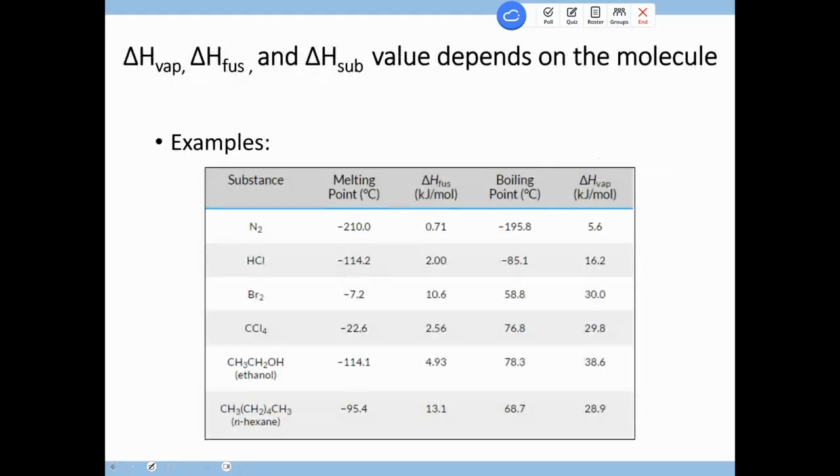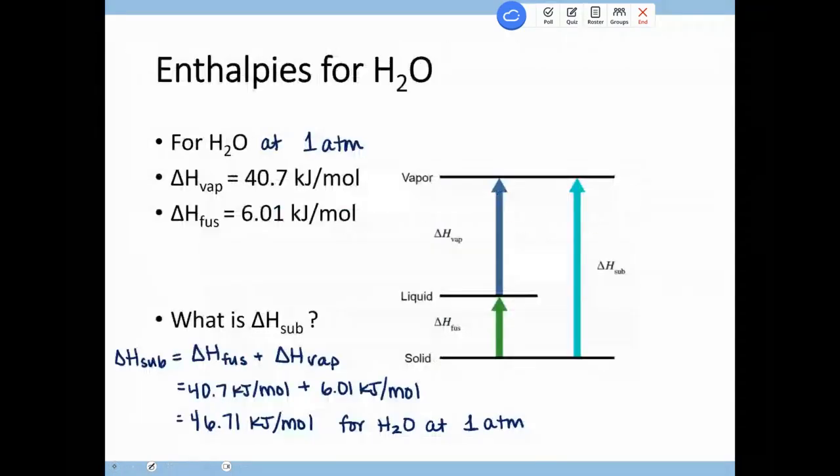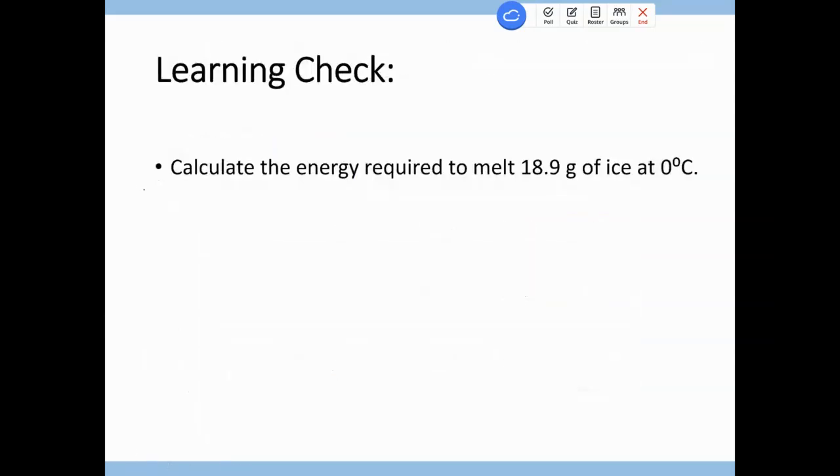Well, we can use, which value should we use here? Fusion, yeah, we're using the heat of fusion because we're going from solid to liquid. Heat of fusion of water is 6.01 kilojoules per mole of water.